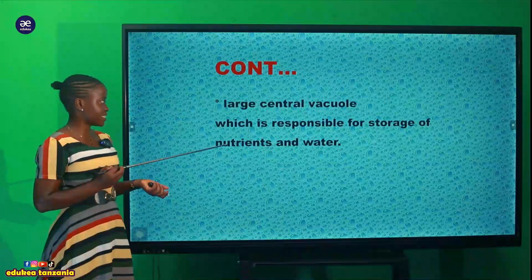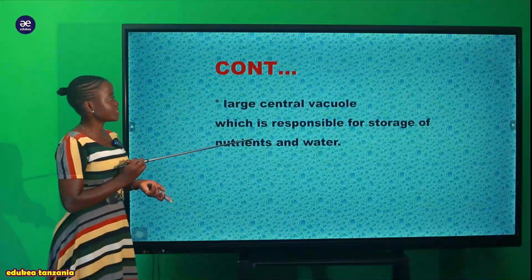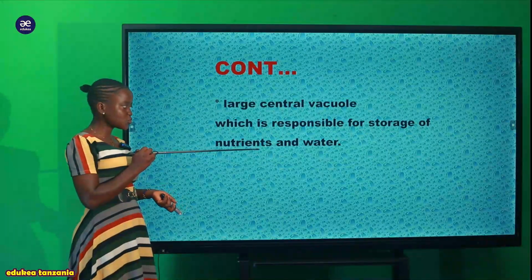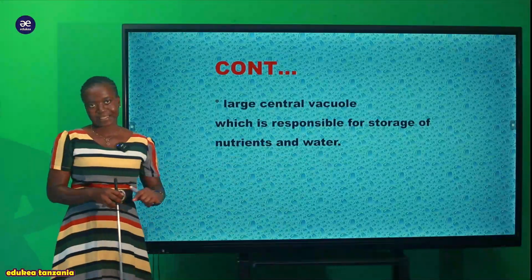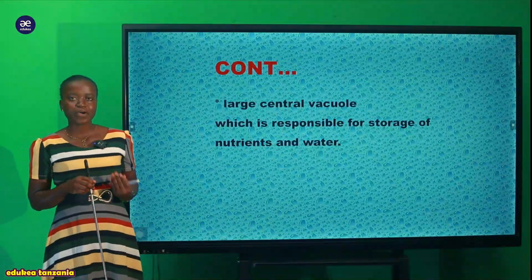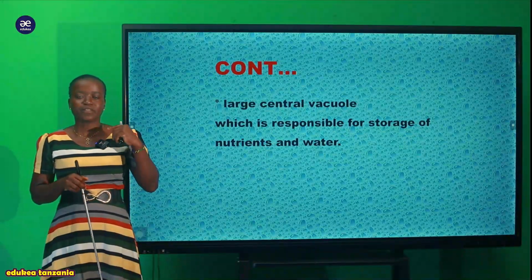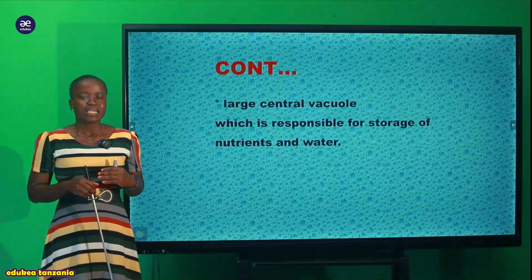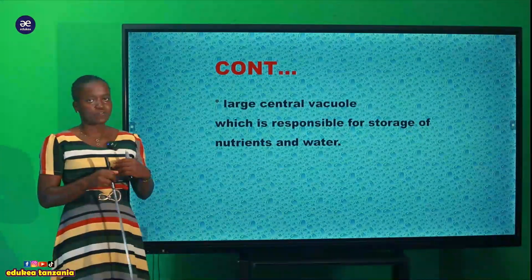Simply, we can say that it is responsible for the storage of nutrients and water. The main role of this large central vacuole is storage of nutrients.